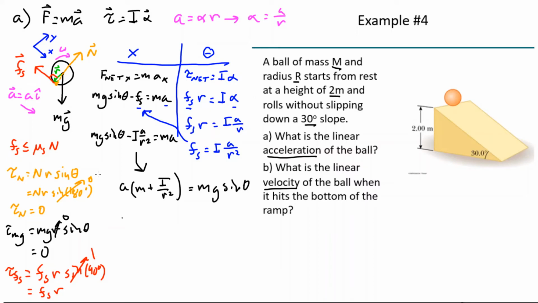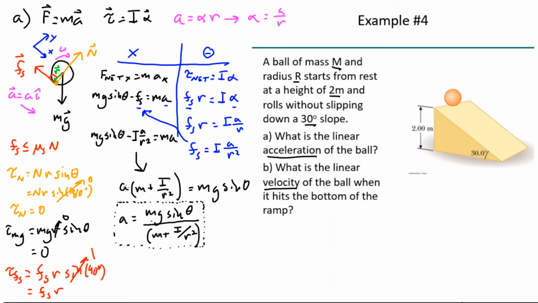So A equals mg sine theta over m plus I over r squared. So this equation, I'm going to put a dashed box around it because this is true. This is the acceleration of any object rolling down an incline without slipping. Just mg sine theta divided by m plus the moment of inertia I divided by r squared.